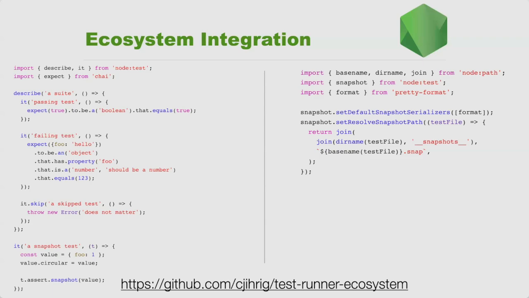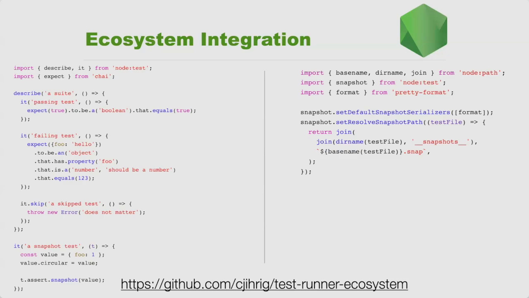On the right-hand side, I have a preloaded file that gets run with the test runner that basically configures it to work like Jest. So it uses pretty format, which as far as I know is the serializer that Jest uses for its snapshots. And then we call snapshot.setDefaultSnapshotSerializers, which takes an array. So we want it to use the format function from pretty format.